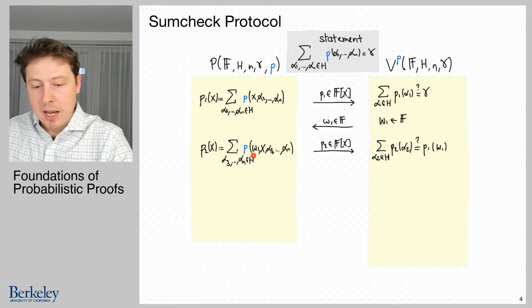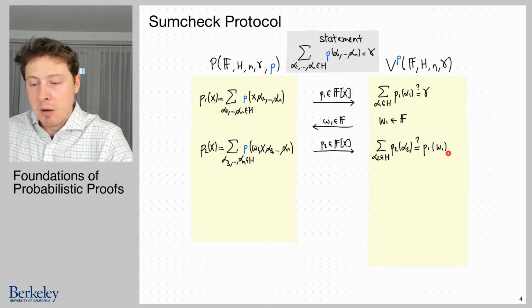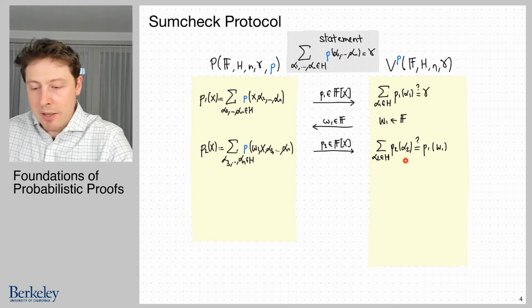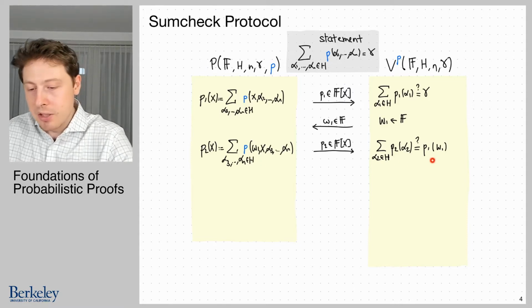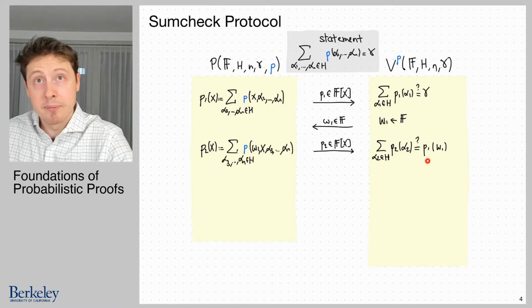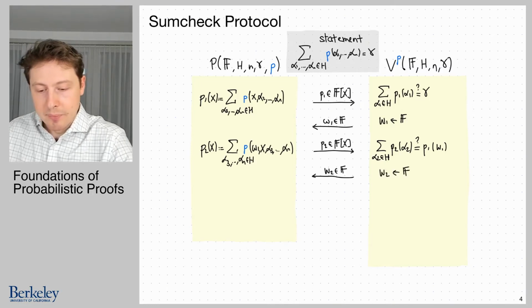And really, in the honest case, that really was P1. If P1 was the sum of everything but the first variable, then I can just plug in w1 and check whether, summing this over the second variable, which should have been left free, I get these two polynomials to agree. Okay? And we continue in this fashion.